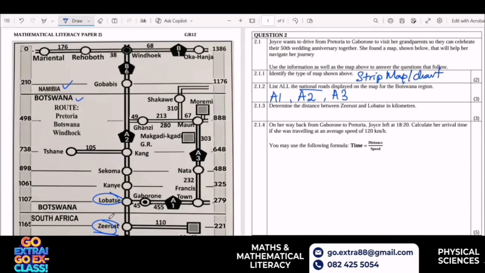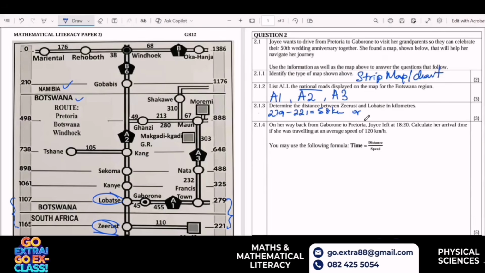So now here is Zeerust, here is Lobotswe, and they say calculate the distance between these two points. You're going to use the difference between these two on the left, or the difference between these two on the right. It's any of these two, they must give you the correct answer. So number one, to calculate the distance here, you can say 279 minus 221, and this is supposed to give you 58 kilometers.